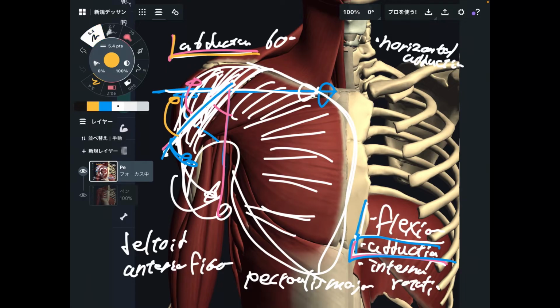Anyway, deltoid does both shoulder abduction and shoulder adduction, depends on angle of shoulder joint. Okay, next one is internal rotation. Yep, deltoid also does internal rotation. That is anterior fiber. General functions of deltoid, that's flexion, shoulder abduction, shoulder adduction, and internal rotation.